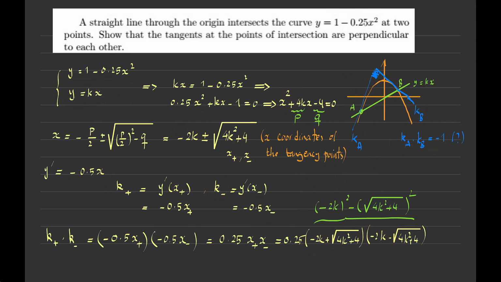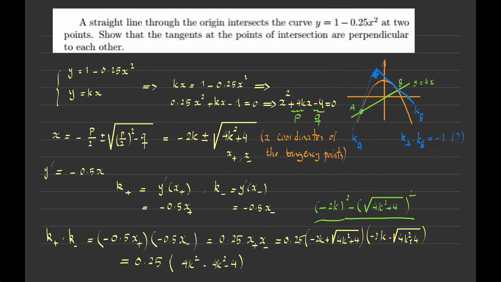Okay, so let us continue. So I have a 0.25 there multiplied by minus 2k squared. What is the answer to this one? It is simply 4k squared. But do you see that this power of 2 will cancel this square root sign, and this minus sign will go in. So it becomes minus 4k squared minus 4.